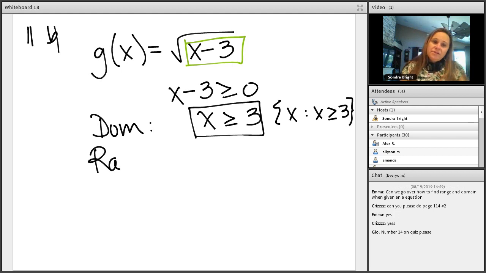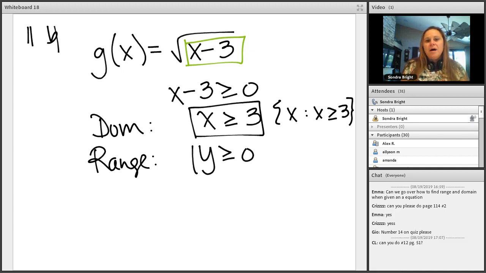And then range, notice that you have y is equal to the square root of something. And so your y values are all going to be positive values. Because the very smallest thing, you're plugging in 3 and numbers bigger than 3 into x. And so the smallest value y will be a 0, and then it just increases from there.